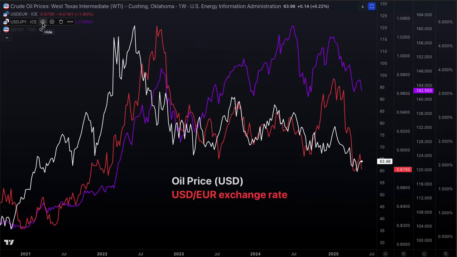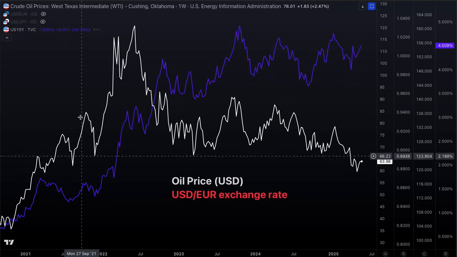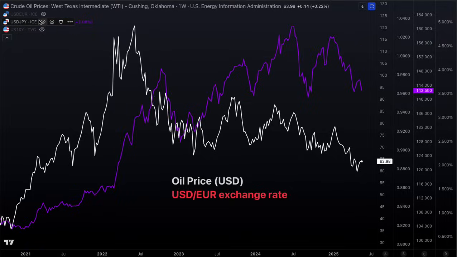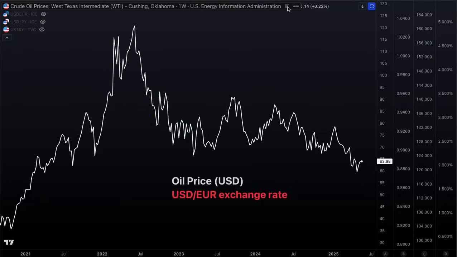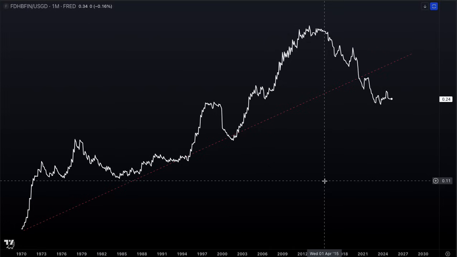On a net basis, generally speaking, they are short oil. And we can see the effect that this has not only on currencies but on bond yields too. So if people are interested in that, I can do another video on it. But trying to keep this brief.